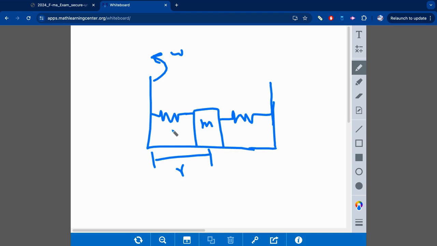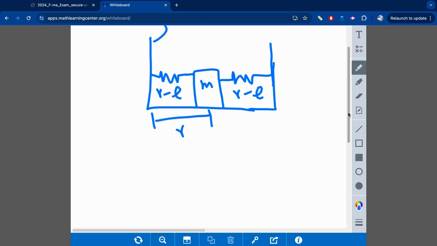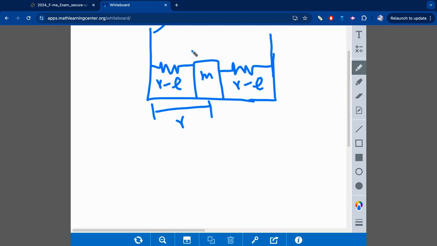Since the initial length of this spring is L, it must be stretched by r minus L. And since this is stretched by r minus L, this must be compressed by r minus L. Since the spring constant of the first one is k, and the second one is 2k, the force provided by both of them would be this.